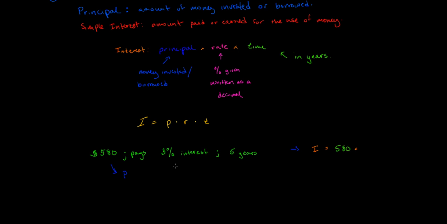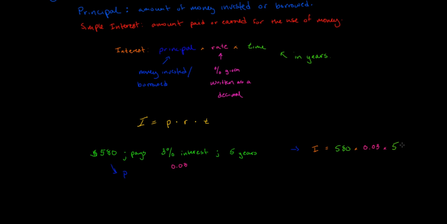Remember that 3% is the same thing as 0.03. It's out of 100, so we have 3/100. So that's multiplied by 0.03. And then that is going to be multiplied by the time of 5 years.